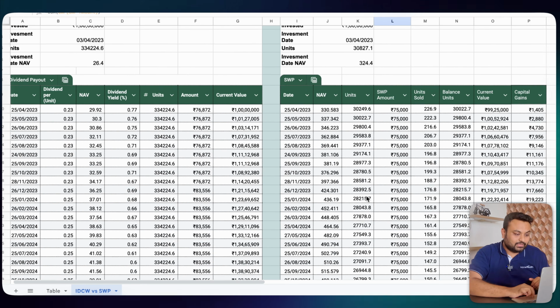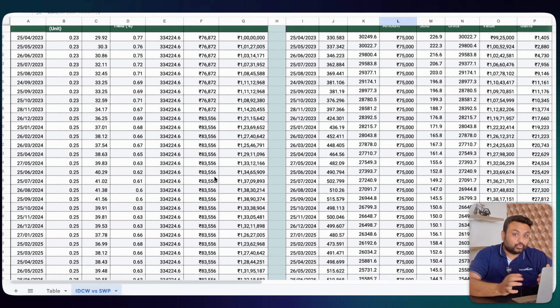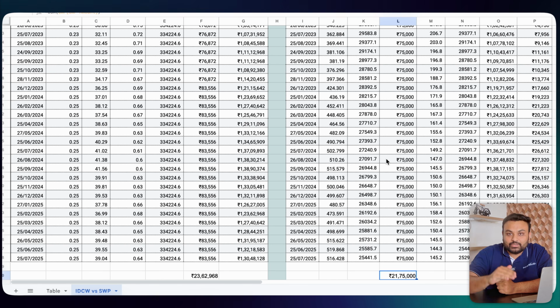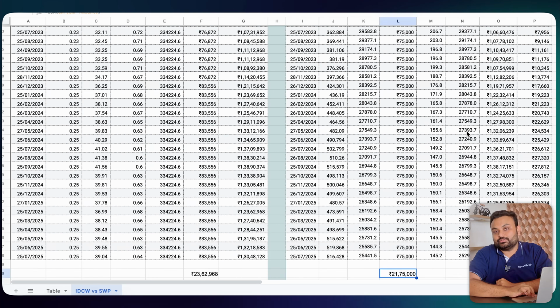If you see this table, assuming this is done by a person whose income tax is below 12 lakhs, this person in IDCW ends up paying 0 taxes on this entire income. In case of SWP, if the person's income tax slab is below 12 or above 12, doesn't matter. He has to pay flat 12.5% tax on the gains that he made on his growth scheme.